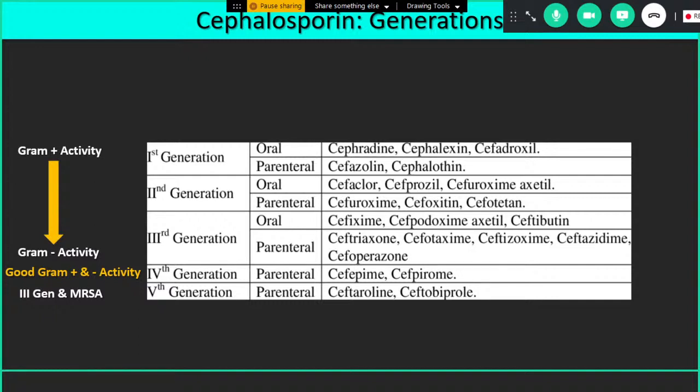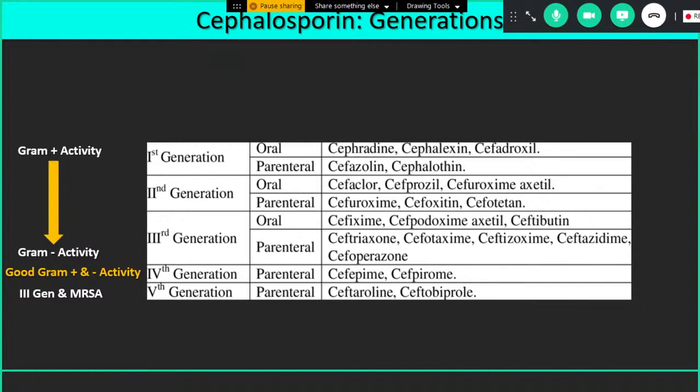So if you see this whole chart, you can find out that the gram-positive activity is very good in the first generation. It decreased up to the third generation. The fourth generation has a very good gram-positive activity, while the fifth generation has very good activity even against methicillin-resistant Staph aureus.